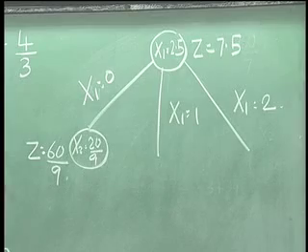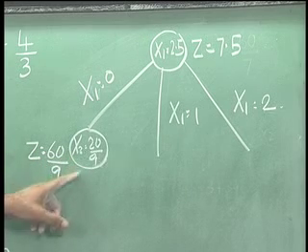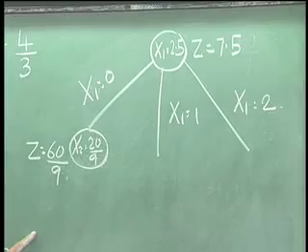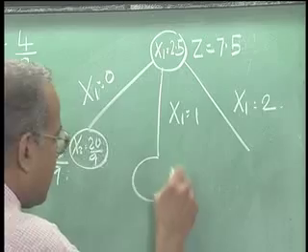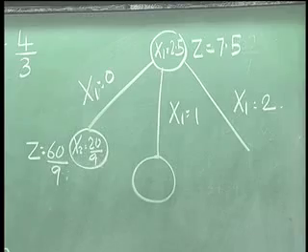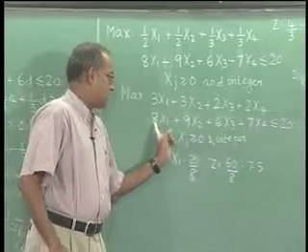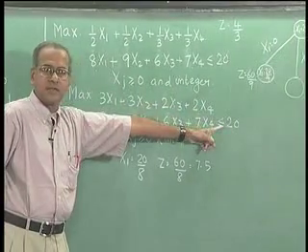Now, this is 6 point something. So, if we branch from here, this can give us integer solutions with 6 or less. Now, when we fix x1 is equal to 1, we use up 8 units of this resource by fixing this to 1, which means 12 units of this resource is available.